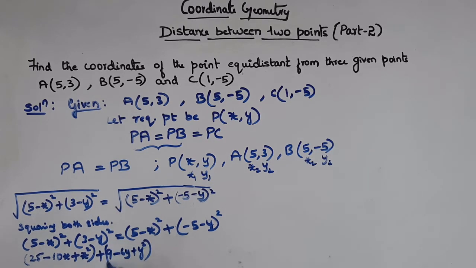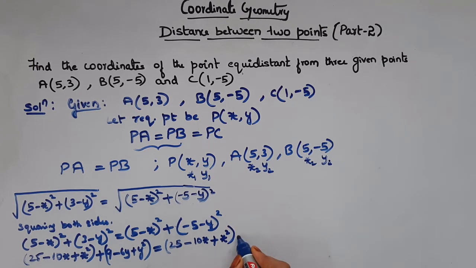which is equal to, so here we have (5 minus x) the whole square, which is of the form (a minus b) the whole square. So a here is 5. So 25 minus 2 into 5 into x, so 10x, plus b here is x, so x square, right?